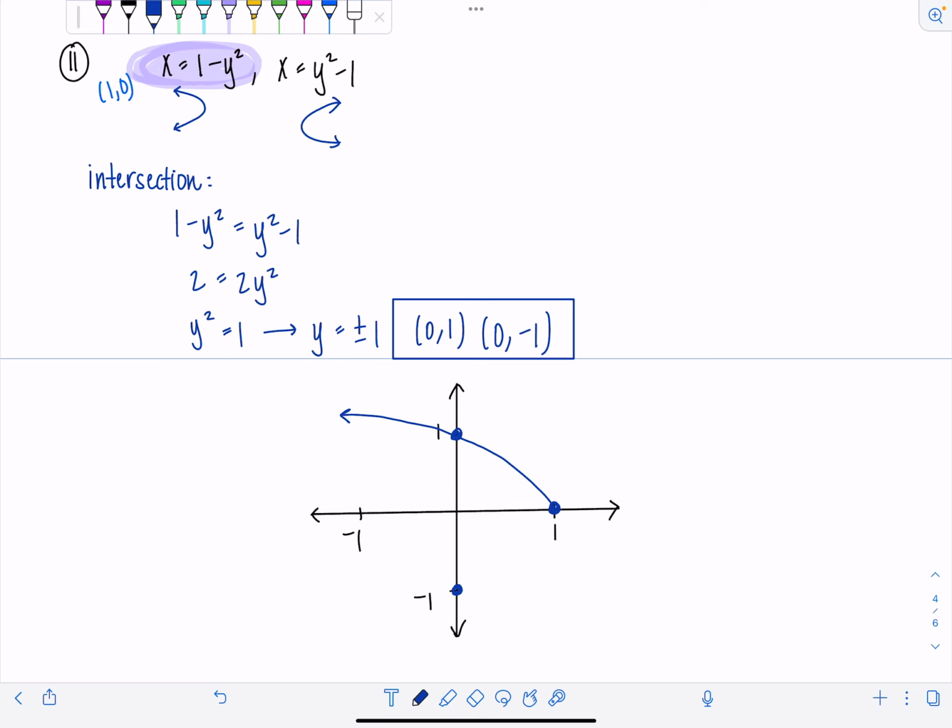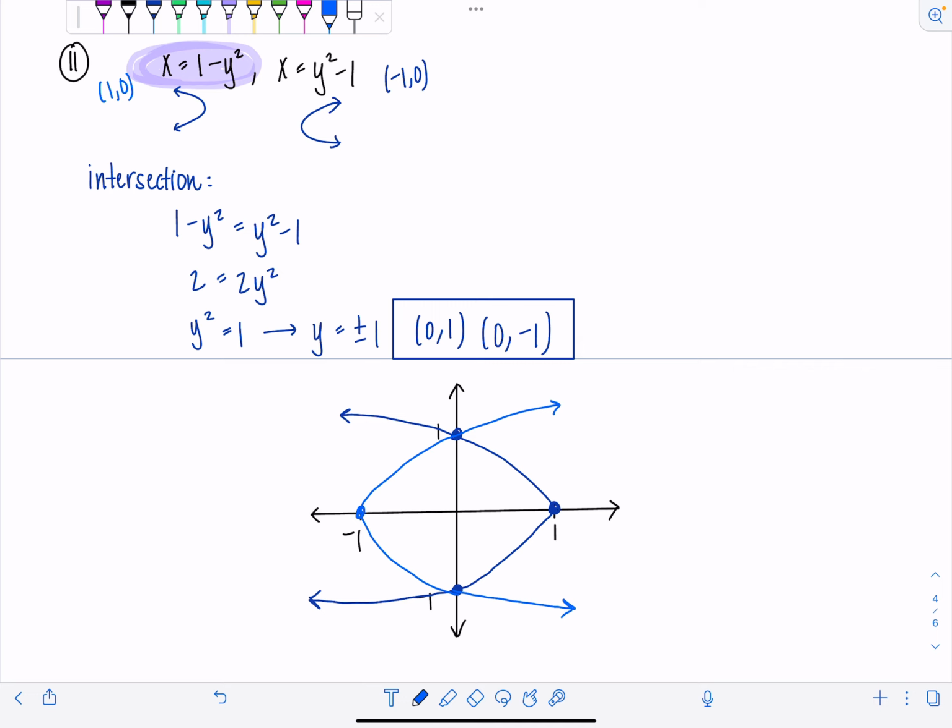Because the coefficient on y squared is negative. You probably haven't thought about these kinds of parabolas since pre-calc days. And the other one, same thing. If y is 0, x is negative 1. So this one's opening the other way. How do I know it's opening in the positive direction? Because the coefficient on y squared is positive. This is why you can't forget any of your math, because it all builds.